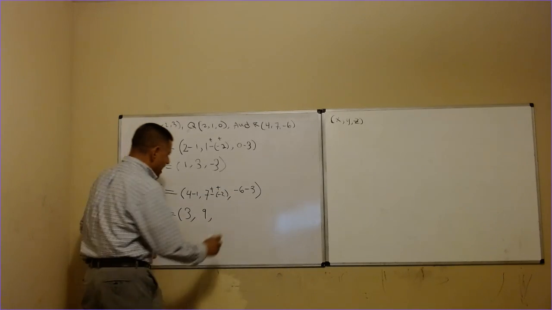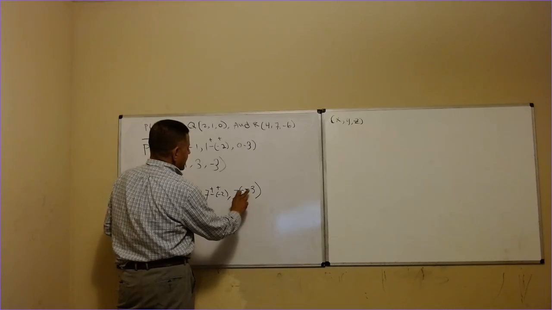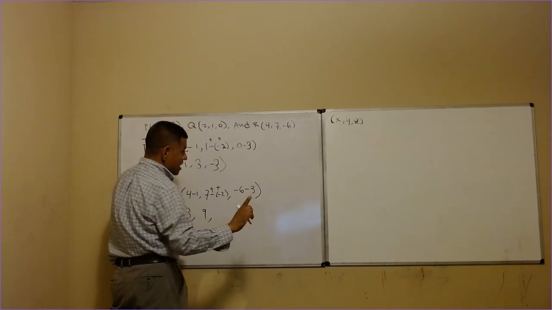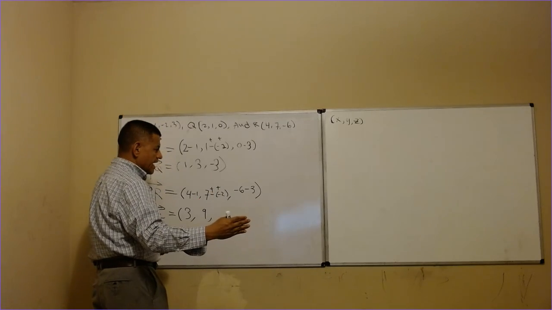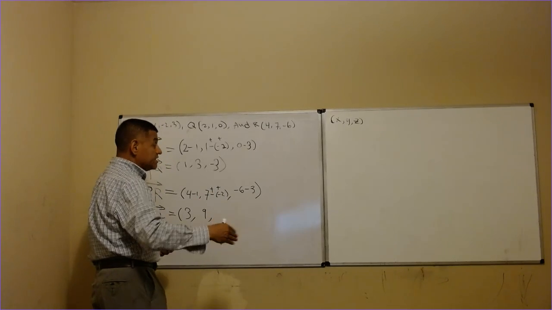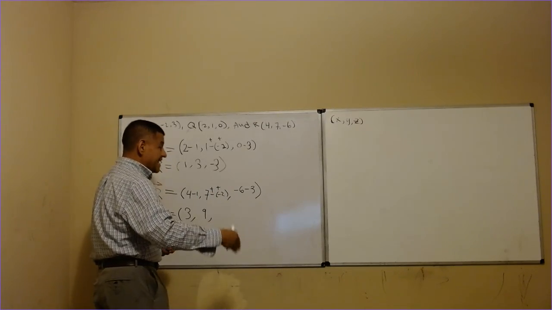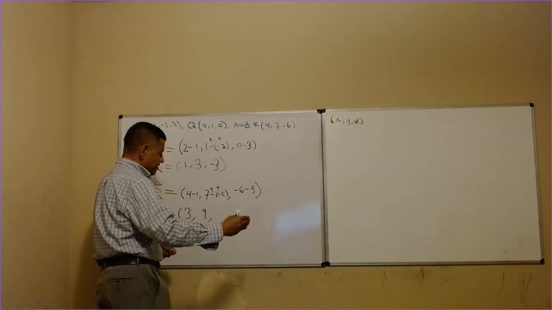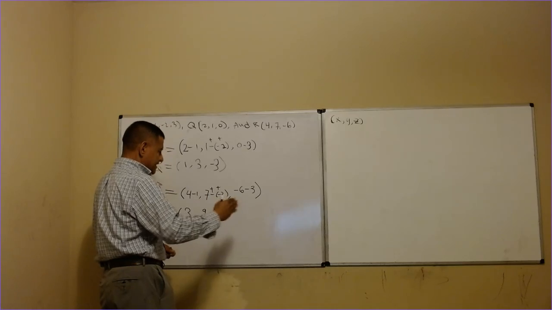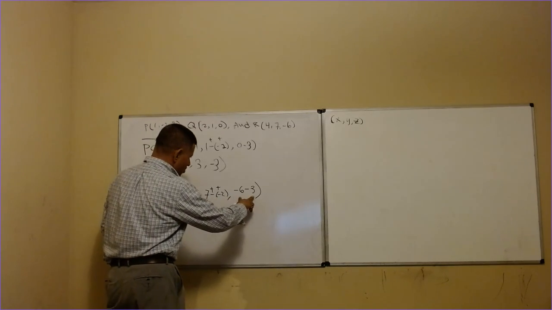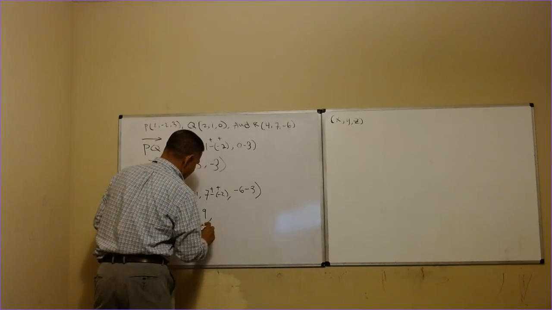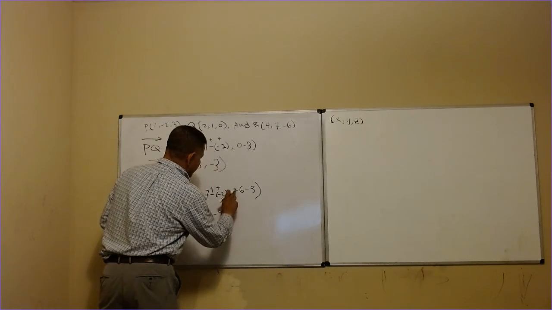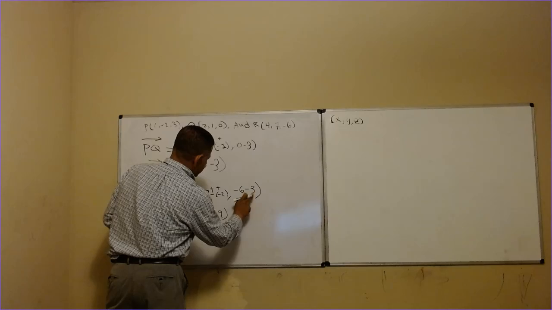So now, negative 6 added to that, adding another piece that is a negative, which means I am combining two negatives, which is equal to negative 9, because I am adding two negatives.